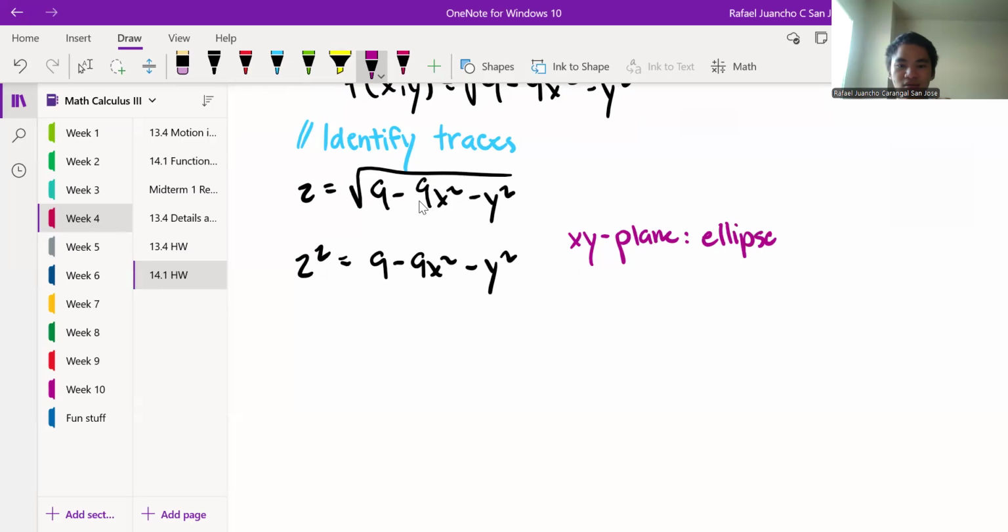Now if I take out my x in the yz plane, what do I have? Oh, so here I can add my y squared. Z squared plus y squared is equal to 9. Well, circle.